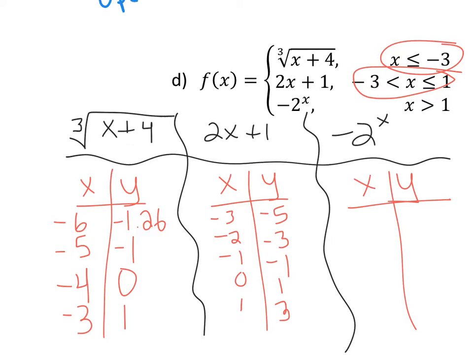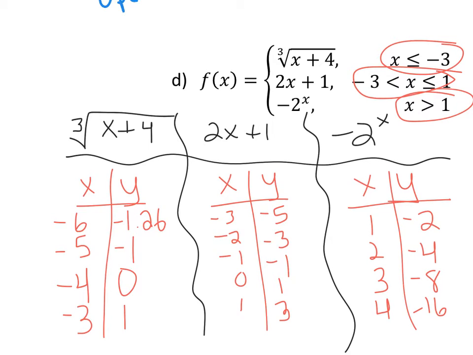Our last one is -2 to the x, and it's for x values greater than 1. So 1, 2, 3, 4. When we plug those in, we get -2, -4, -8, and -16. And we're not going to be able to graph that last one, but that's okay.